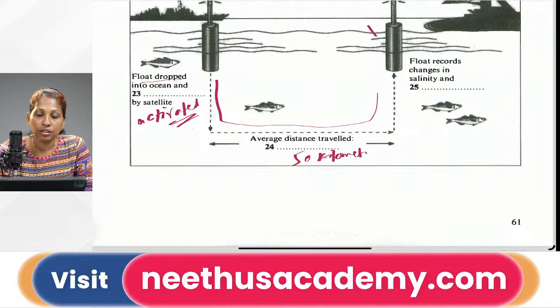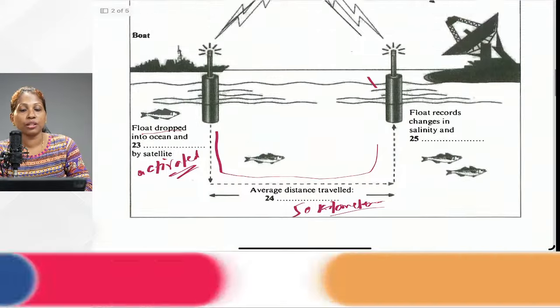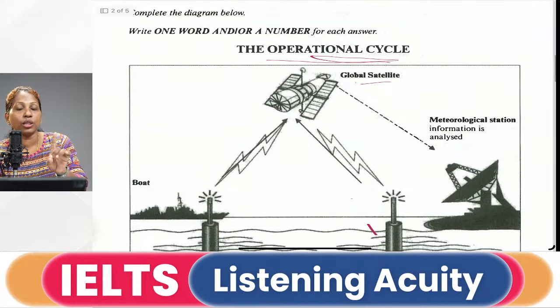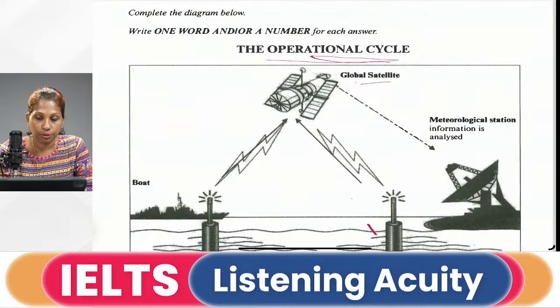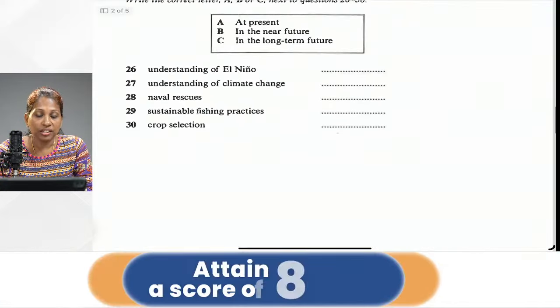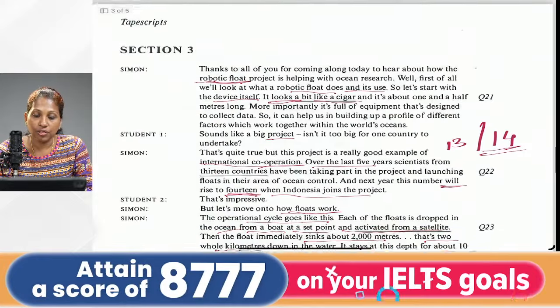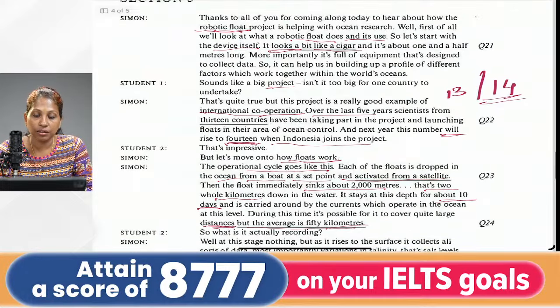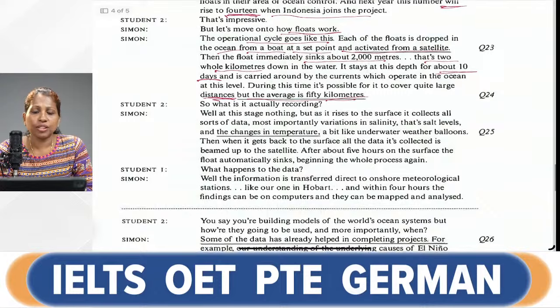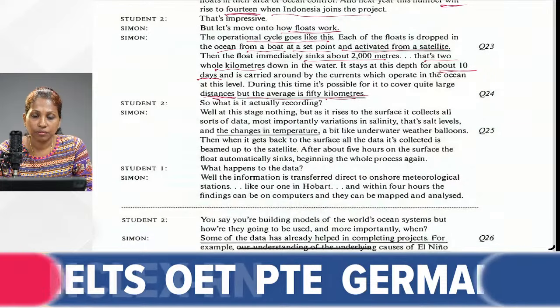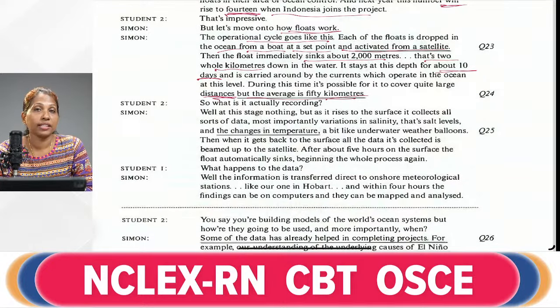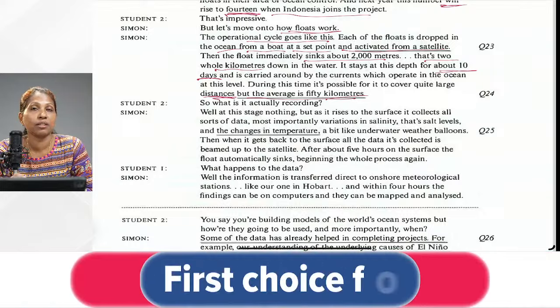Okay, that is what you will write in your answer, 50 kilometers, because you have got an instruction to write one word and or a number. You can write it in that way. You can write kilometers in abbreviation also in the unit method, or maybe you can just write 50 kilometers. But make sure that you're not writing FIFTY like it's mentioned in the audio.